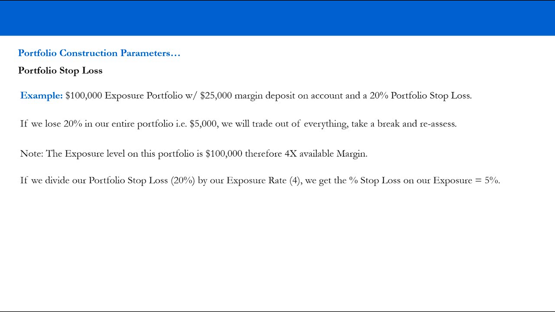And what we can do here is we can work out that if we divide our portfolio stop loss of 20% by our exposure rate, so the 4, we actually get the percentage stop loss on our overall gross exposure, our overall portfolio. So that works out as 5%. So what we're saying is that if we lose 5% in our overall exposure, or we lose 20% of our margin, when we're 4 times exposed, we're going to actually trade out of everything and take a break and reassess.